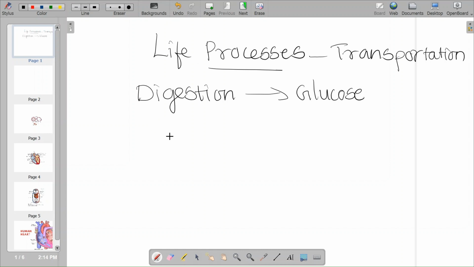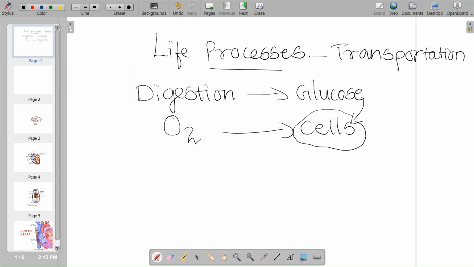Then we learned about respiration, where the oxygen that we take in during inhalation is taken to all the cells and tissues. So glucose will also enter into the cell, and the oxygen we inhale also enters the cell, where the oxygen is utilized to break down the glucose to release energy.